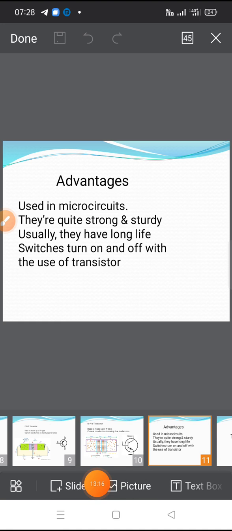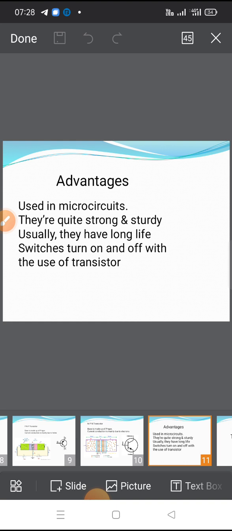Let's see the advantages of semiconductor electronic devices. Transistors have many advantages over vacuum tubes. They are smaller in size, use less power, have a longer lifespan, and are more rugged.